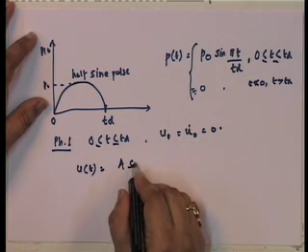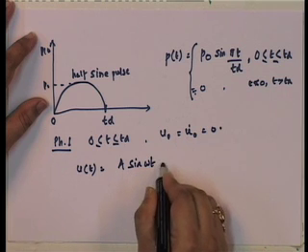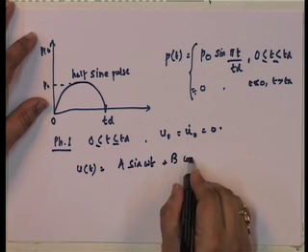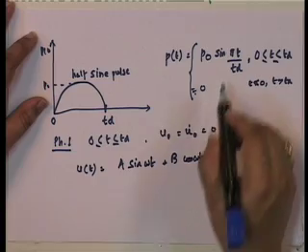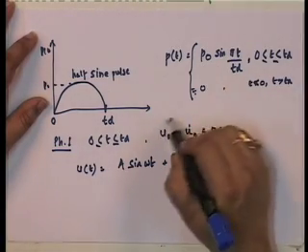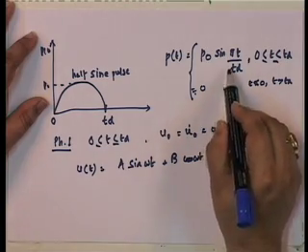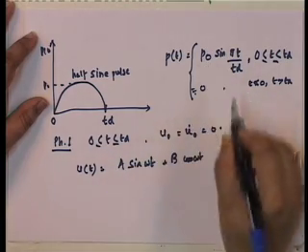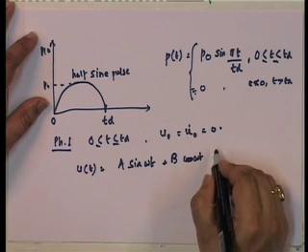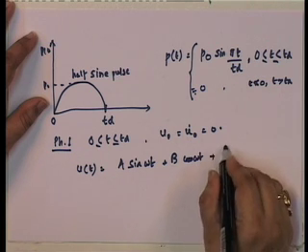The undamped problem becomes a sin omega t plus b cosine omega t plus the particular solution of this. If I put this in and solve, I already know what this is.